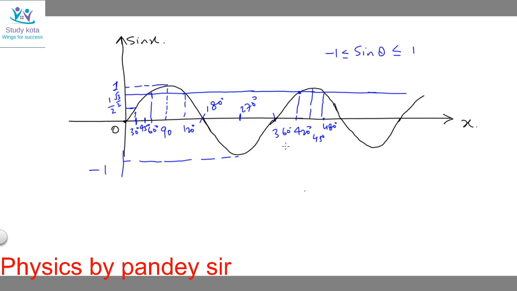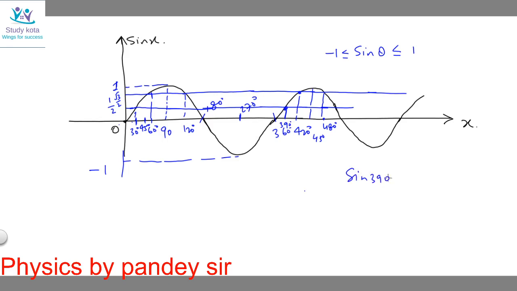So this is the technique by which you can understand how to find them. If you are extending this line of 1 by 2, you will also get here the values of 1 by 2. But what is the angle? So as you move from 0 to 30, you are getting 1 by 2. So when you move from 360 to 30 degree, means this is the angle of 390, you will get 1 by 2.